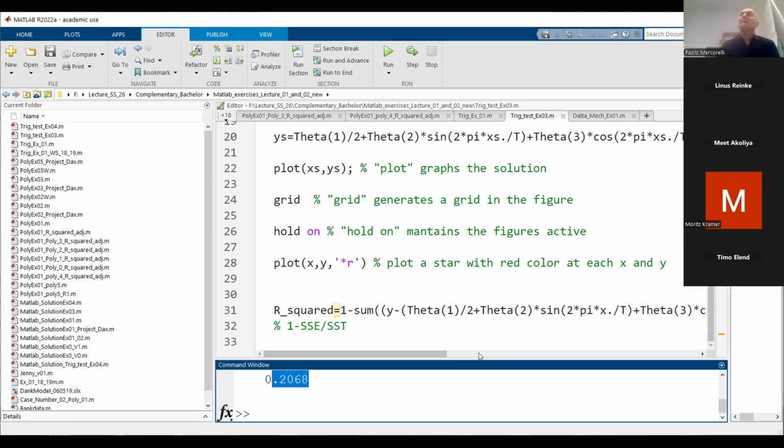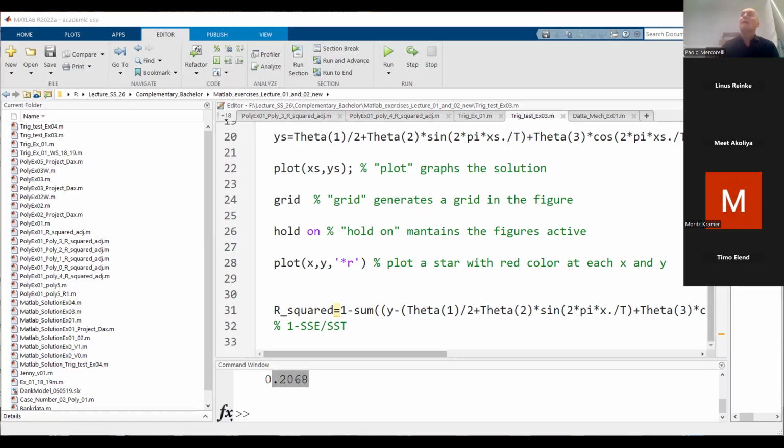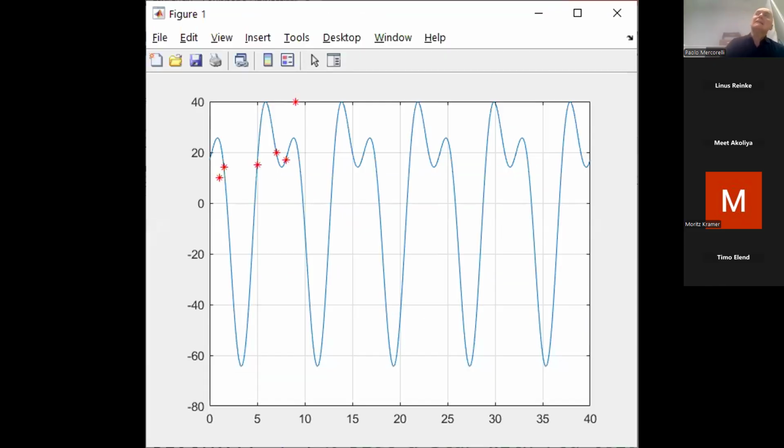In fact, if you look at what happens here, we can see that between, for instance, this point and this point, a possible approximation is very far away.